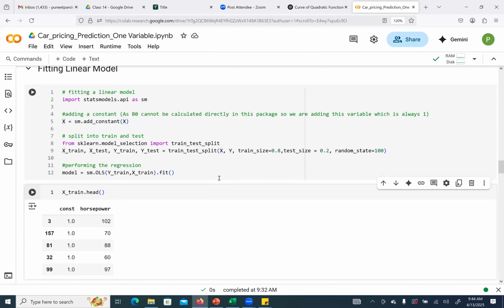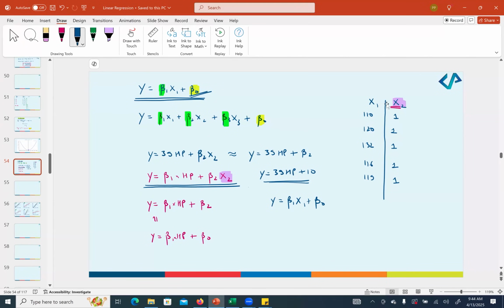Right. So Puneet, why are we adding a constant here? The thing that I explained here, right? I cannot get beta naught. My function does not give me beta naught, so I'm getting a way around to get the value of beta naught.